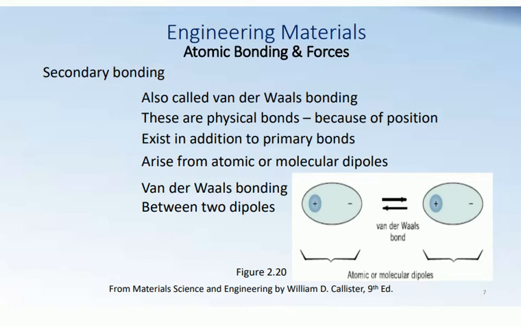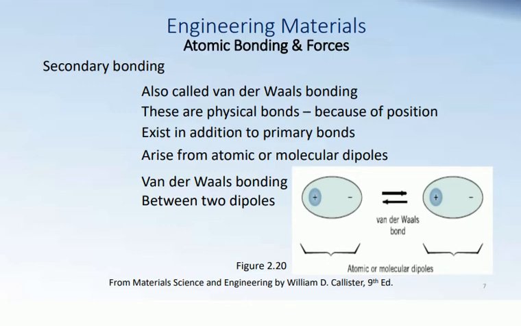Just like figure 2.20, which shows the polar arrangement of positive and negative charges and how their physical arrangement results in van der Waals or secondary forces. They are not transfer or sharing of electrons, it's just the arrangement or alignment of positive and negative charges that results in secondary bondings.